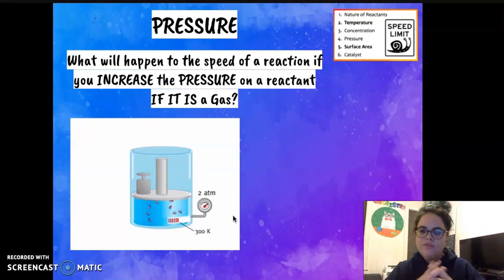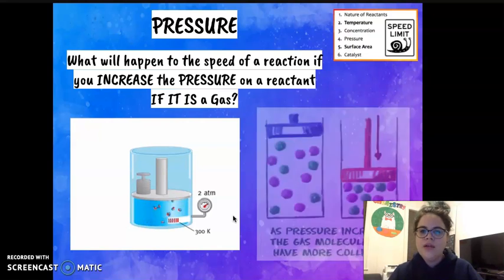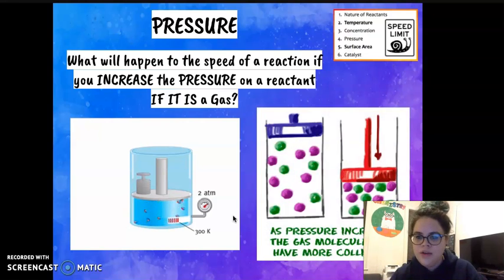Remember, smushing our invisible balloon. And when you do that, you push the particles closer together, more collisions, etc. Okay? It's very important to know that this will only impact gases because liquids and solids are already too close enough to each other that a change in pressure is not going to change their volume.